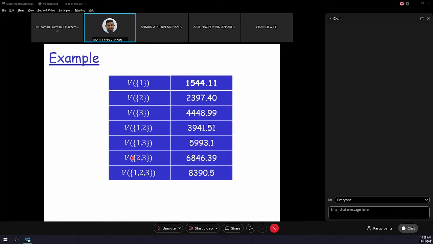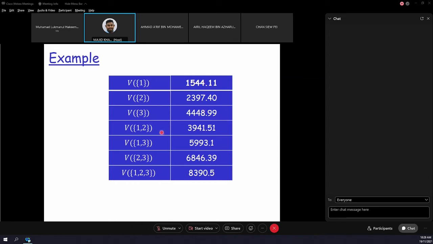When player two correlates with player three, you get 6846.39. And finally, when all three join hands together, they will get 8390.0.